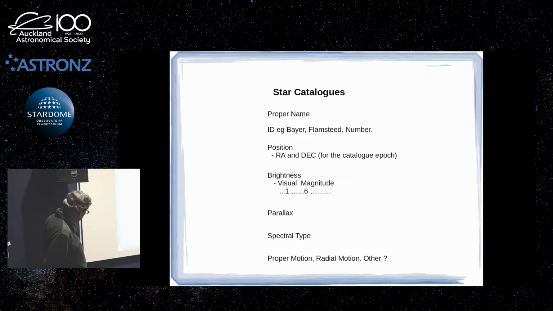Another obvious thing is the brightness of the stars. There's several different ways you can measure brightness, but a common one is visual magnitude, and I'll explain a bit more about that later. Parallax, which is basically telling you the distance of the star from the Sun, the Earth. You've got spectral type, lots of other things that you could put in there. Proper motion.